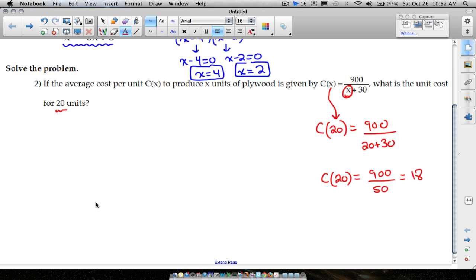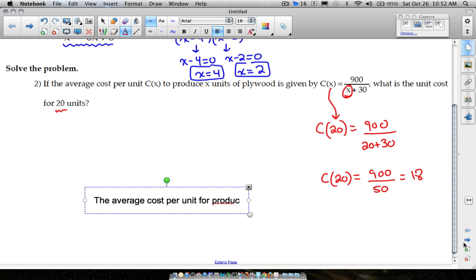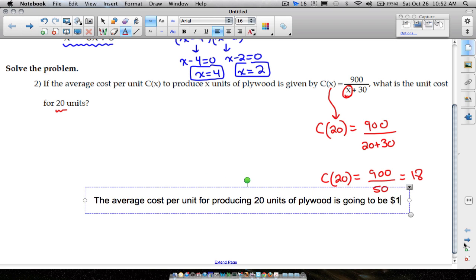Since this is a real world problem, let's make sure we leave our answer in a complete sentence. The average cost per unit for producing 20 units of plywood is going to be $18.